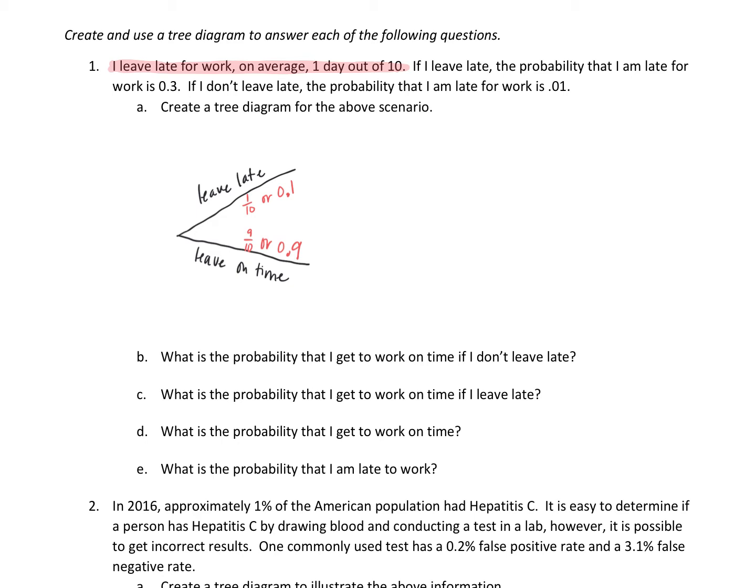Okay, next it says if I leave late. So that corresponds to this. If I leave late, then there are two options. Okay, so if I leave late, the probability that I am late for work is 0.3. So this is late for work or not late for work.